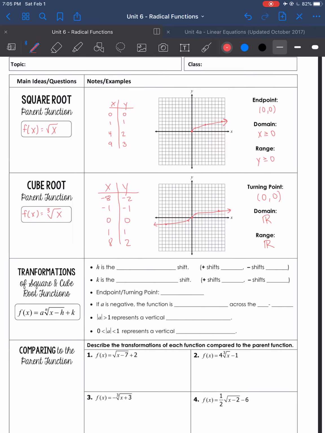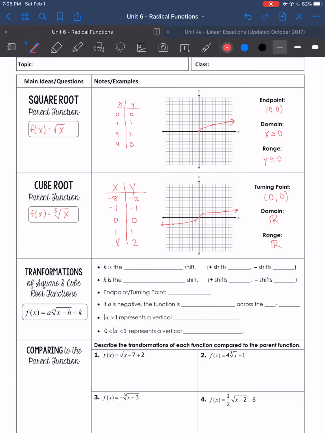So transformations are the same for both square root and cube root. H is going to be your horizontal shift, where plus shifts it to the left and negative shifts it to the right.